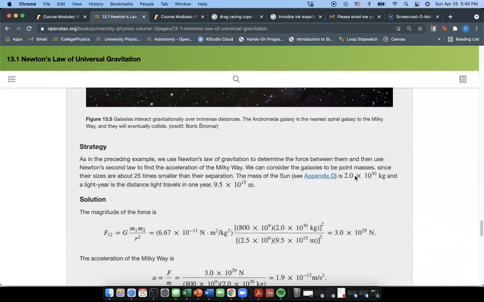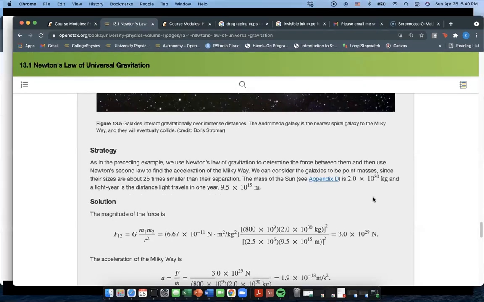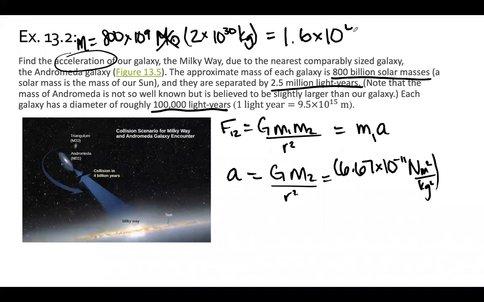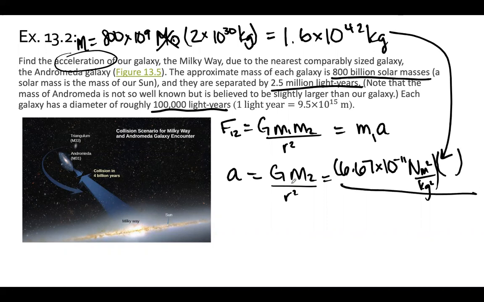The mass of the sun is 2 times 10 to the 30 kilograms. So we've got 800 times 10 to the 9th times 2 times 10 to the 30th, and that's going to give us 1.6 times 10 to the 42nd kilogram. So this value is going to go right there. And then we divide that by our radius.